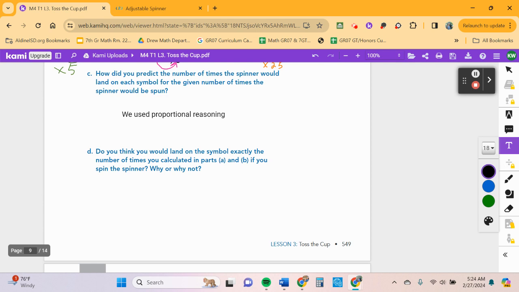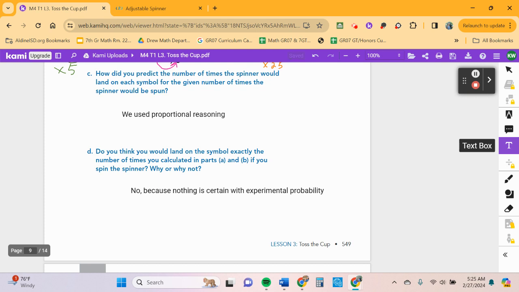Probably not, because we learned in the last activity about experimental probability that what actually happens isn't always going to be according to our prediction. So I simply wrote, and you can word this in other words, no, because nothing is certain with experimental probability. So go ahead and take a couple of seconds, write those two answers in your own words, and we are moving on.